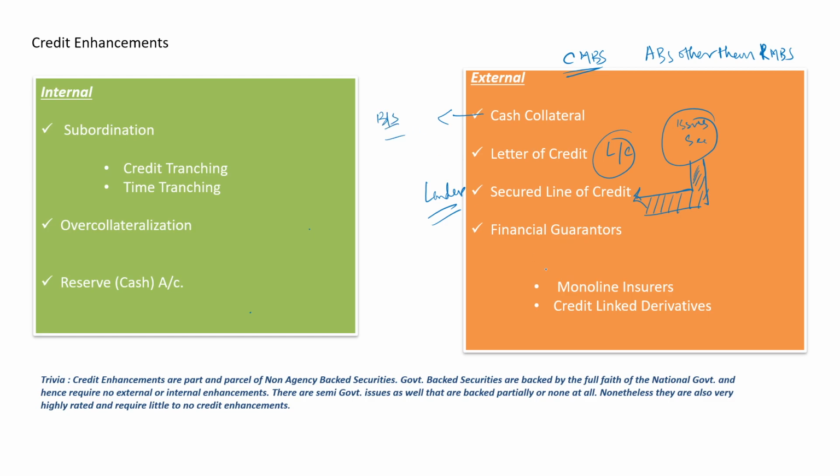of the issuer. And last but not least are the external financial guarantors. We have monoline insurers who are ready to insure the credit sensitive assets against a certain premium. Needless to mention, these premiums are quite exotic in nature. And then we have the credit-linked derivatives, those exotic derivative contracts in the form of CDS and CLNs.